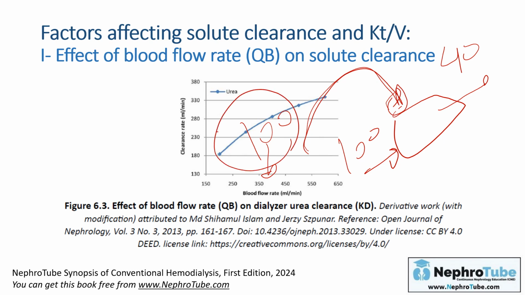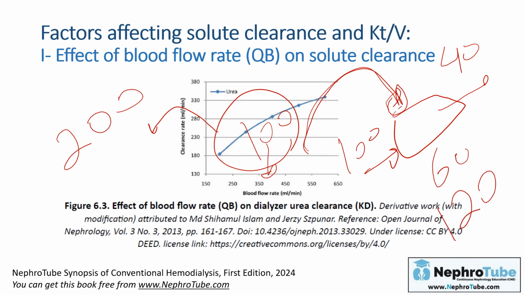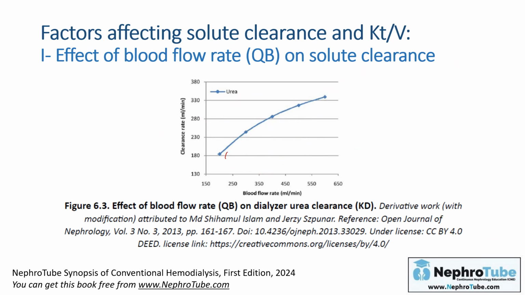If we increase the blood flow from 100 to 200, theoretically we will clear, instead of 60 ml, 120 ml. I want to mention that the relation is directly proportional, but again, at the end, it is not linear.